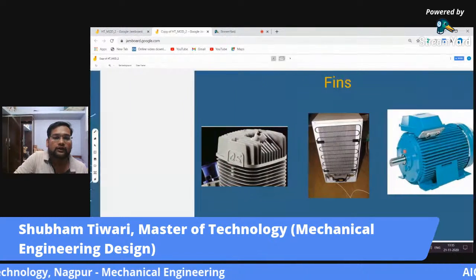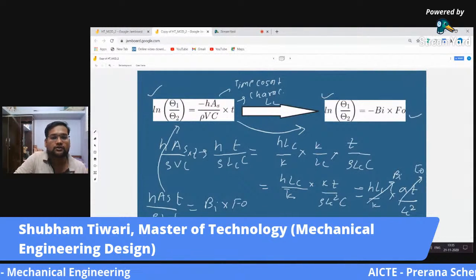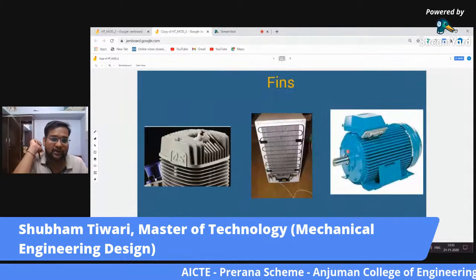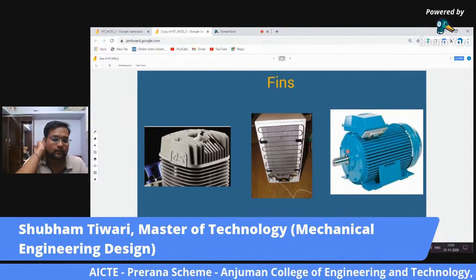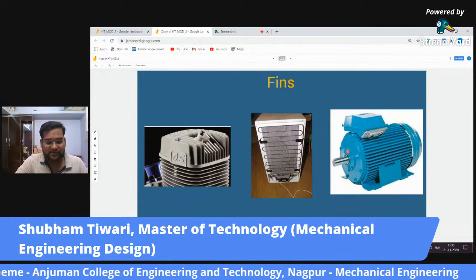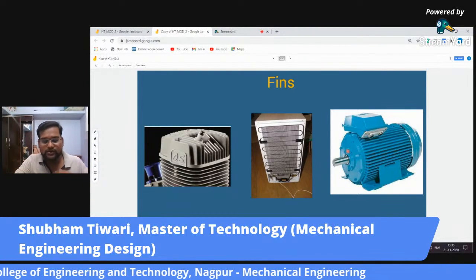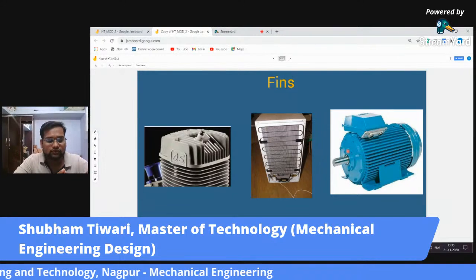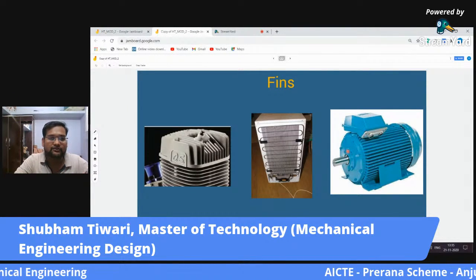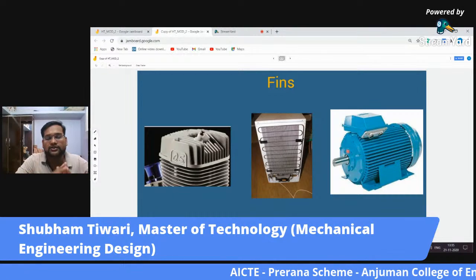Okay, now let's quickly move to the second chapter of fins that we were going to look at today. Now, what are fins? So fins are basically, we know that the convective heat transfer depends mainly upon surface area.